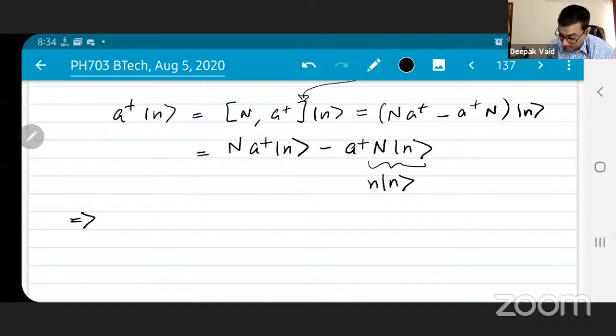So I take n times A dagger n, and I can write it like this.